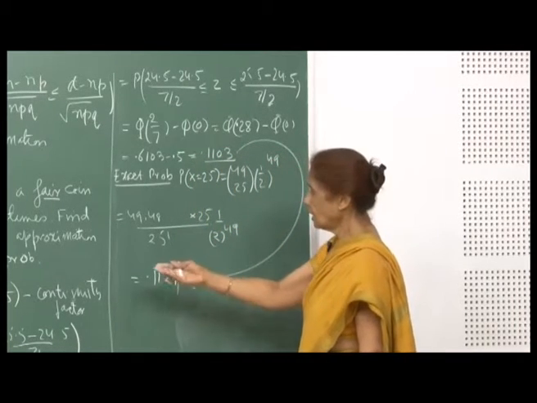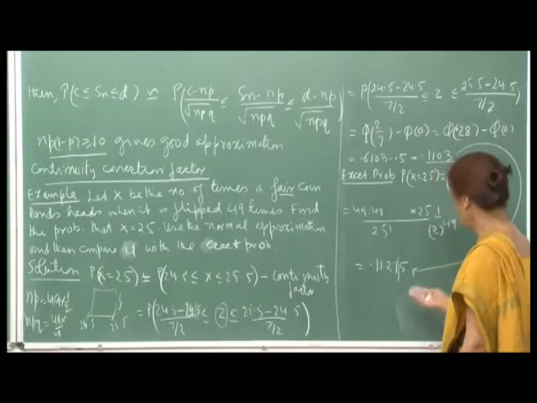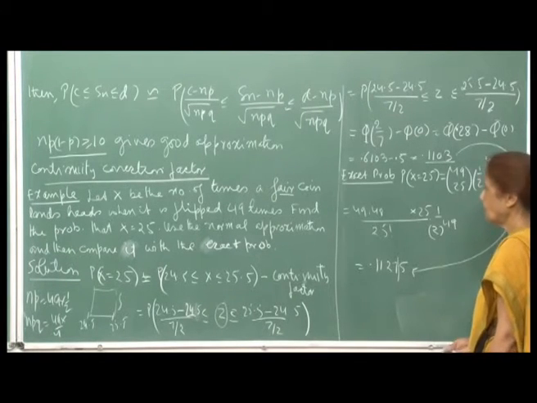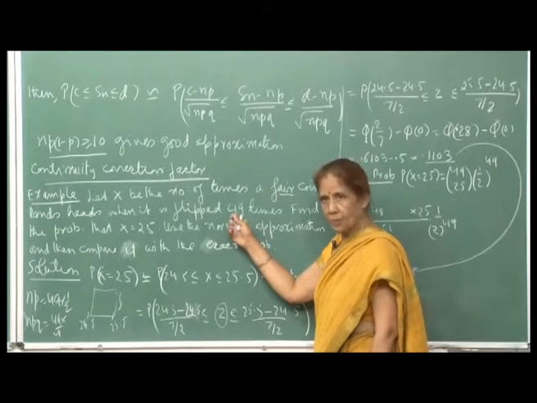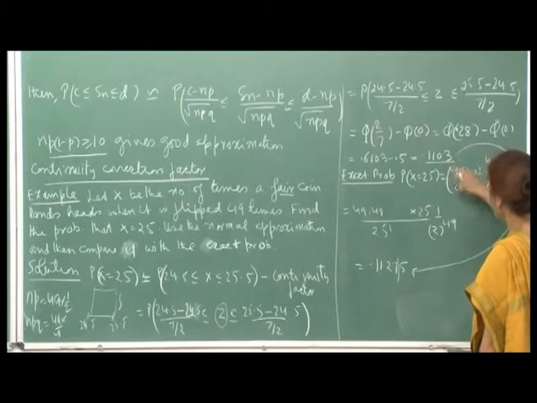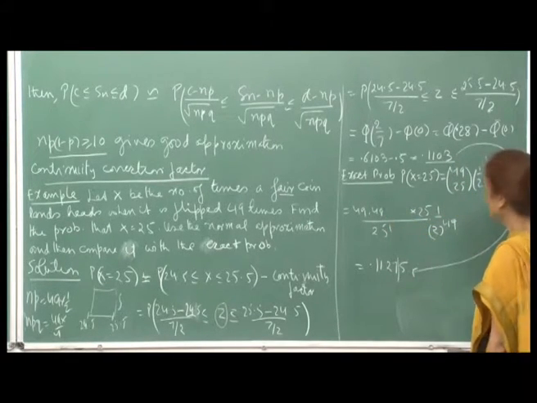And here you see our npq was only 12.25, and if you take larger n, that means if you had flipped the coin more than 49 times, then this number would have improved. And just see the phenomenal calculations you had to do even for n equal to 49.